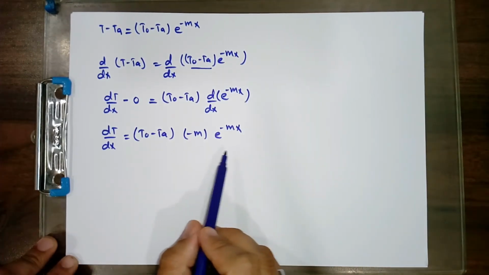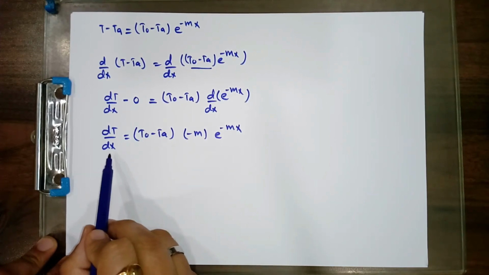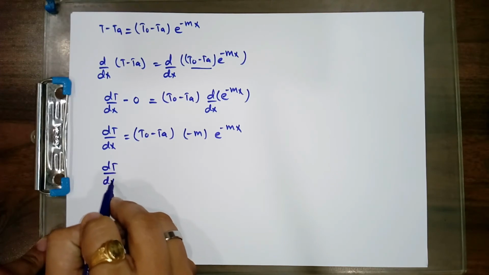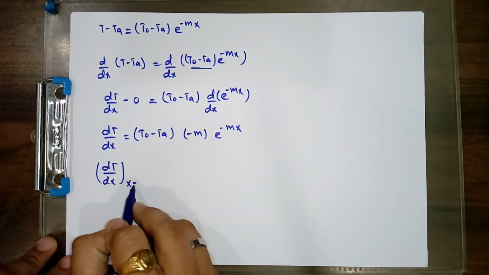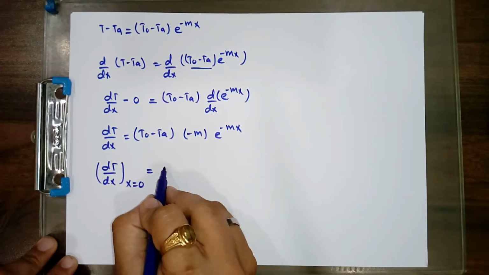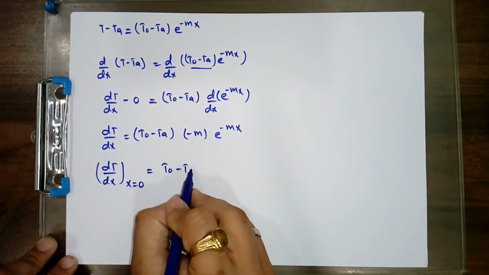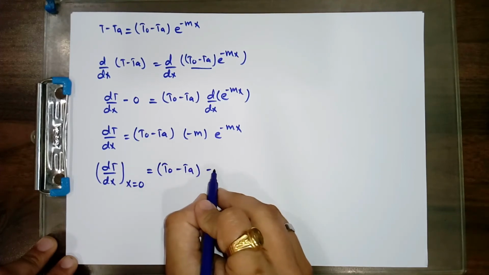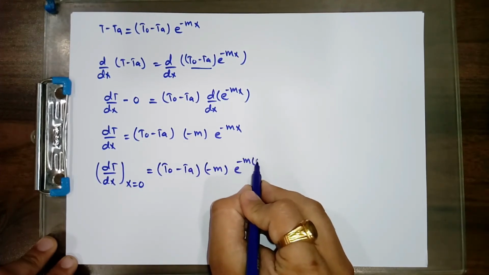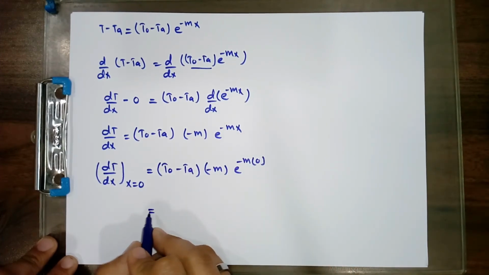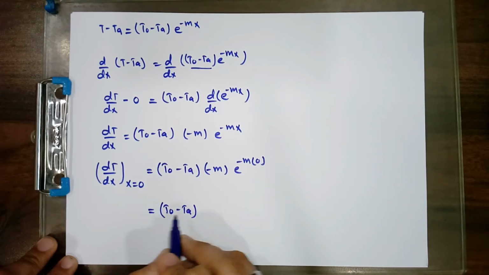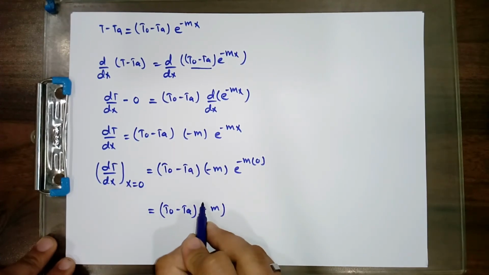This is the value of the temperature slope at any x, but we need to find dT by dx at the particular x equals 0. So we put 0 over here, so it becomes T naught minus TA into minus m into e to the power minus m into 0. So our final equation becomes T naught minus TA into minus m.